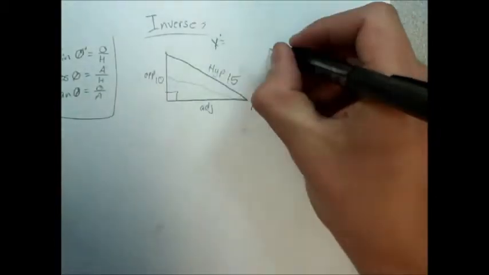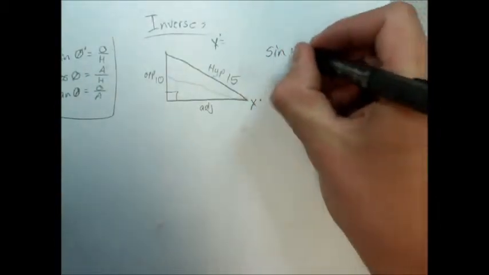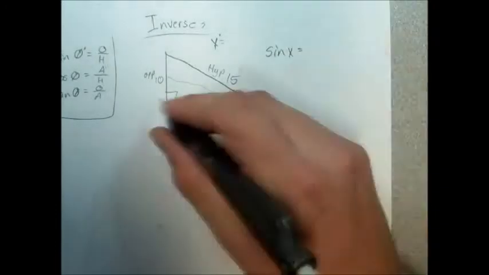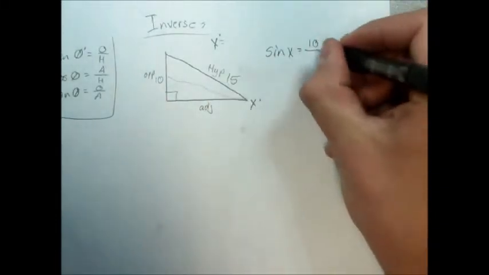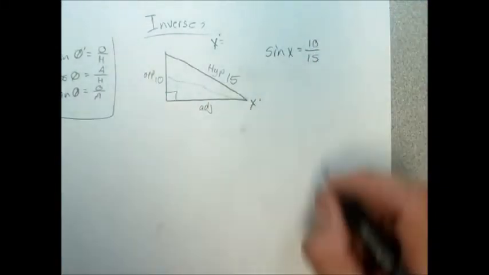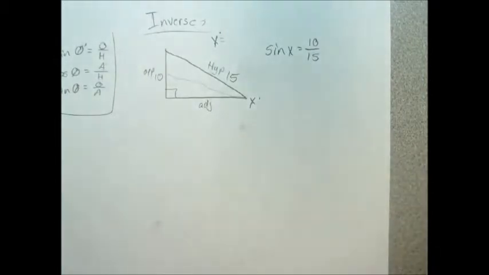So here we go. Sine of the angle, which is x, is opposite, which is 10, over hypotenuse, which is 15. Now, if I said, what is the inverse operation of addition, you would tell me subtraction. What is the inverse operation of multiplication? Division. And they work vice versa.